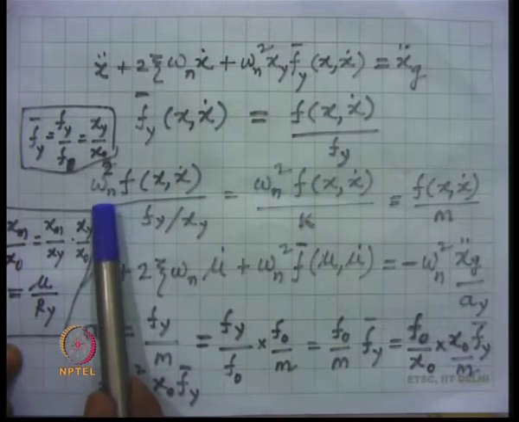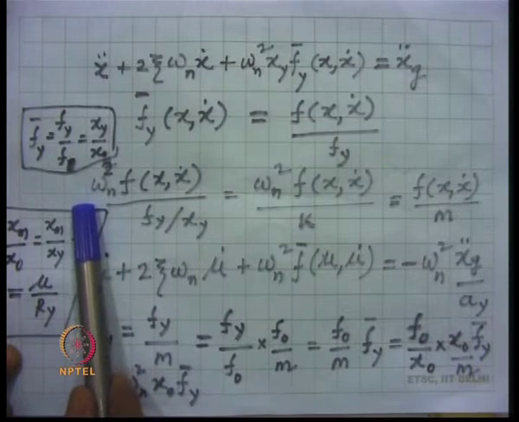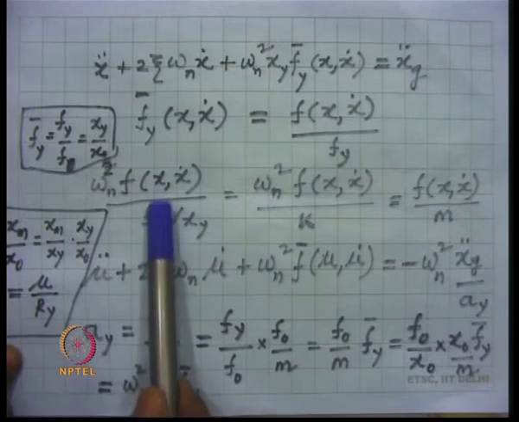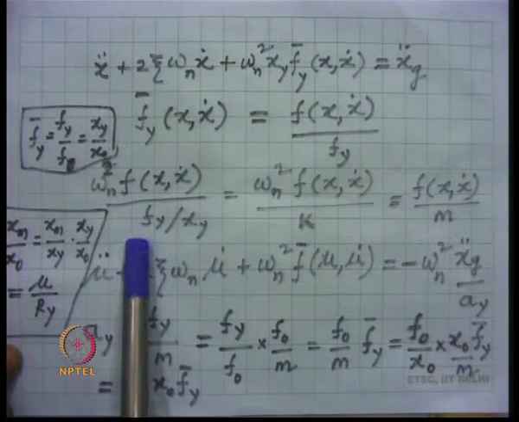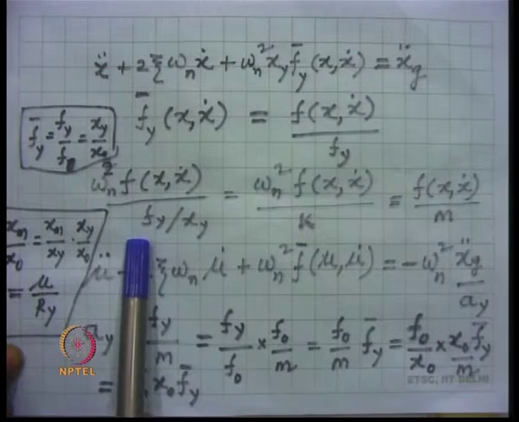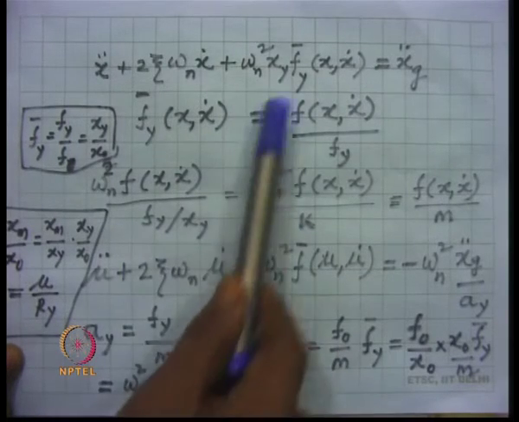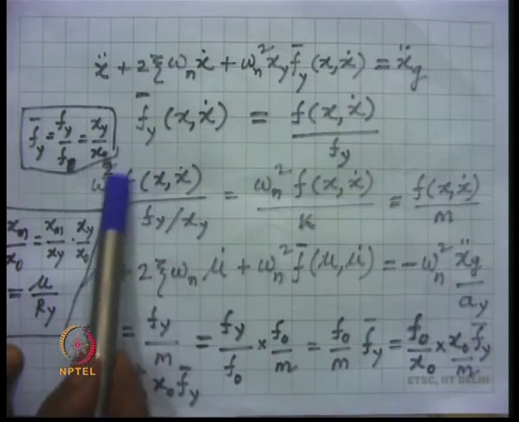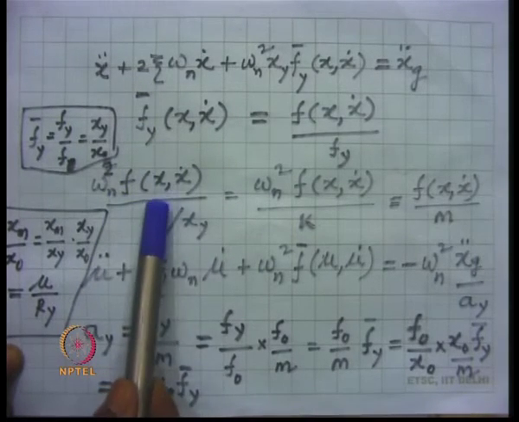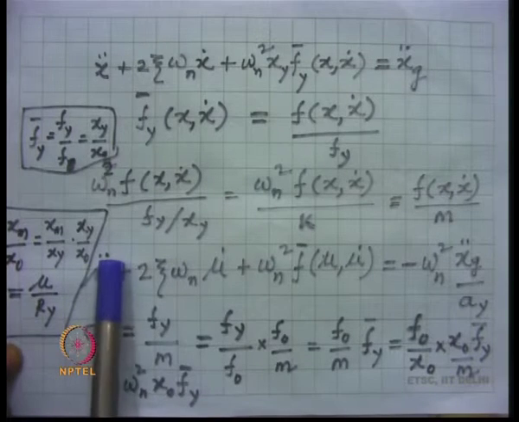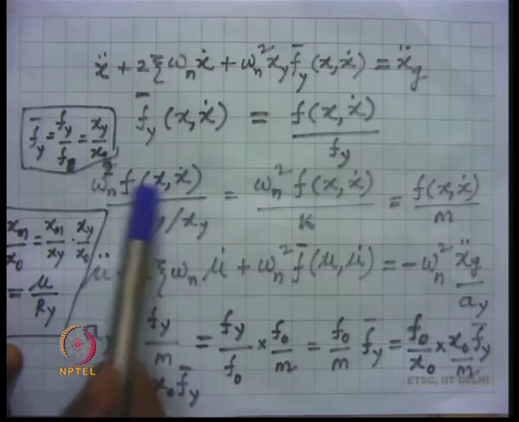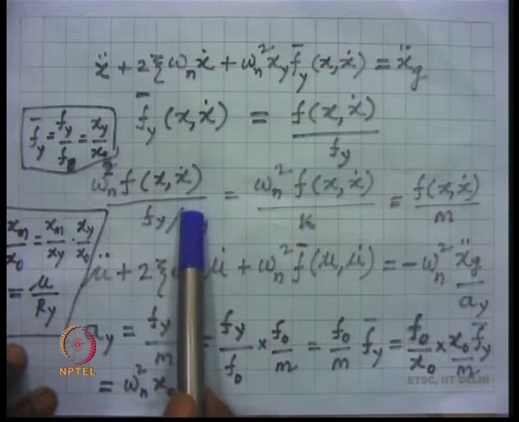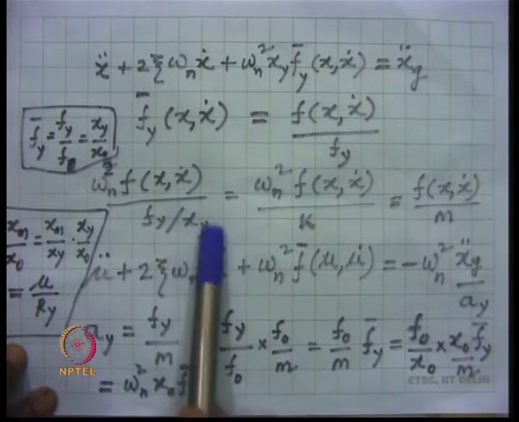Now, if I take omega n square times f of x comma x dot divided by fy, that is the definition of your f bar y. So, in place of f bar y, we are substituting f of x comma x dot divided by fy, and then divided by xy.